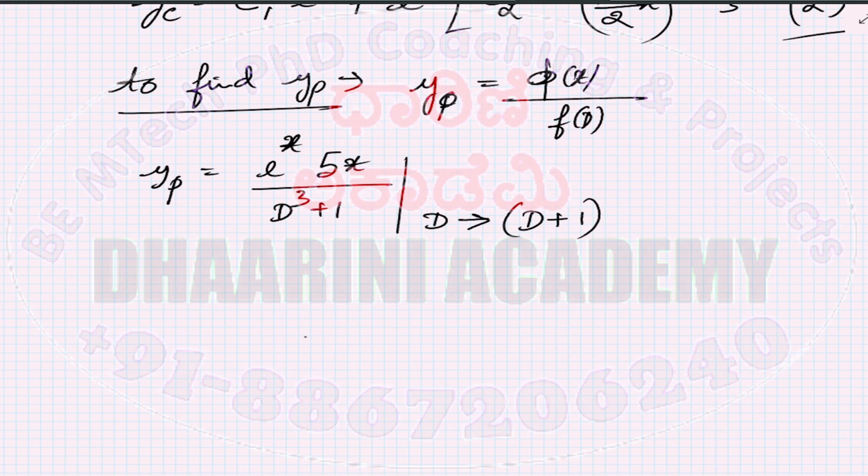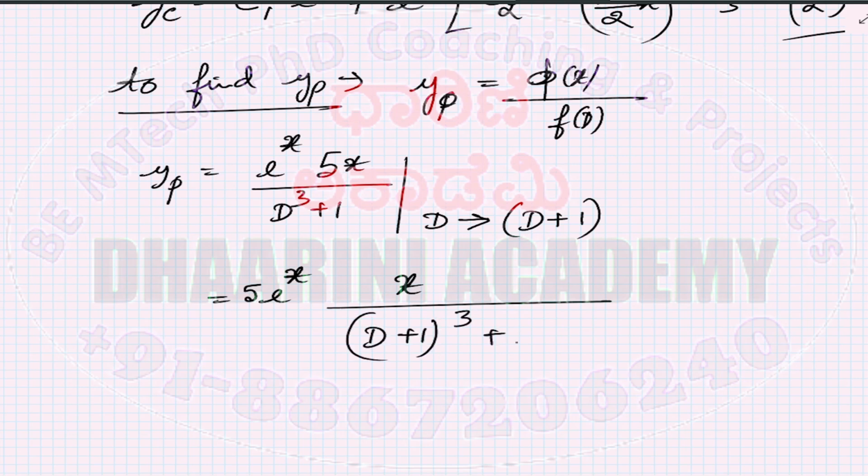So this means I'll take the e to the power x, also I can take the 5 out. So this is 5 e to the power x into x divided by (d plus 1) the whole cube plus 1.